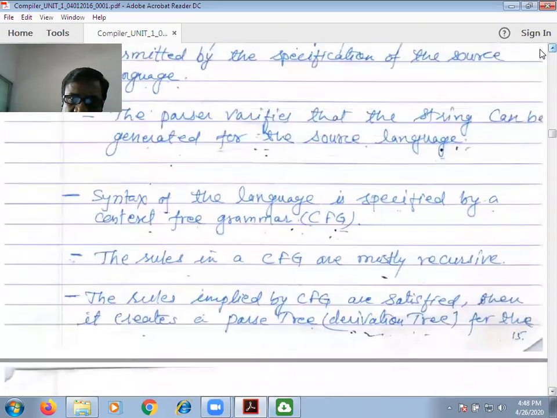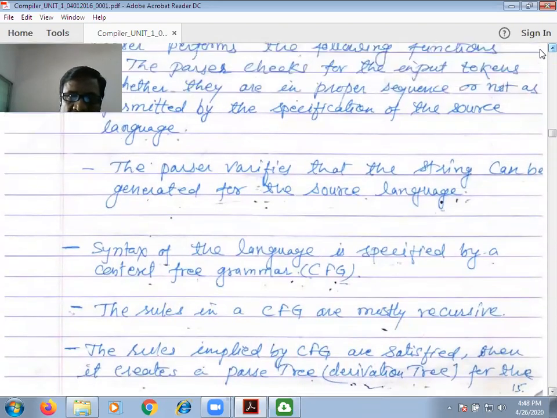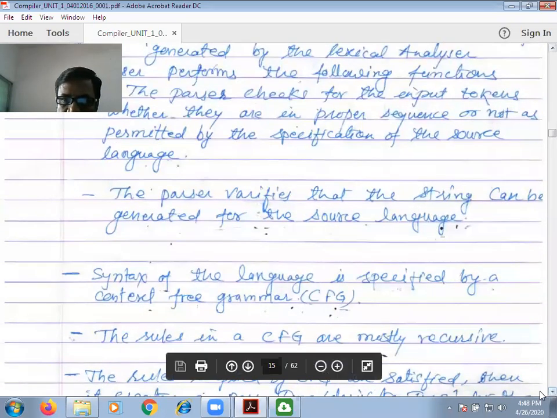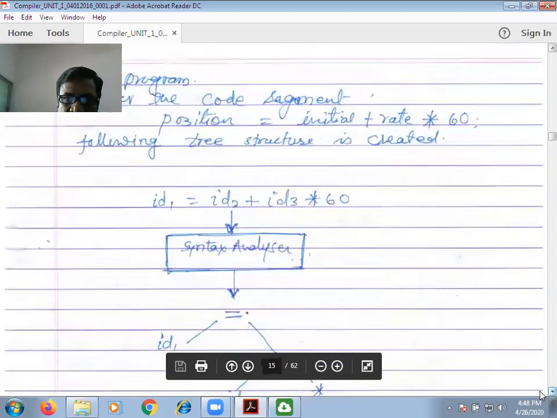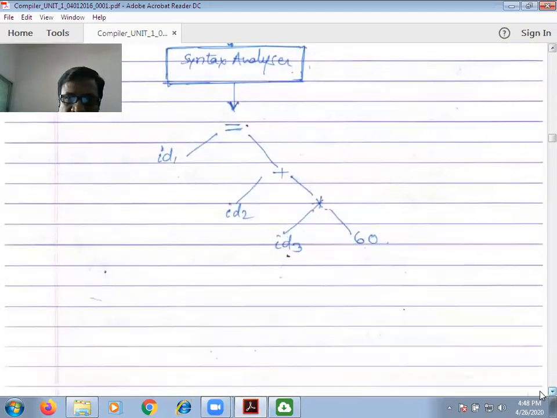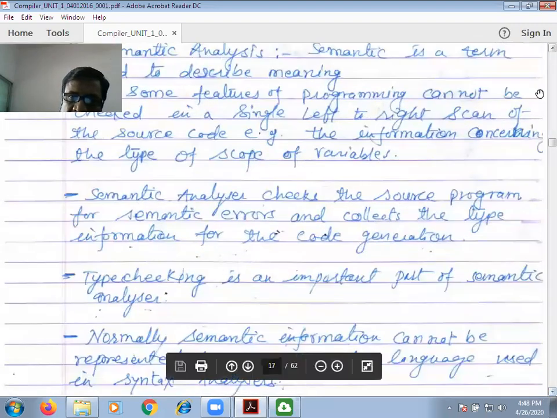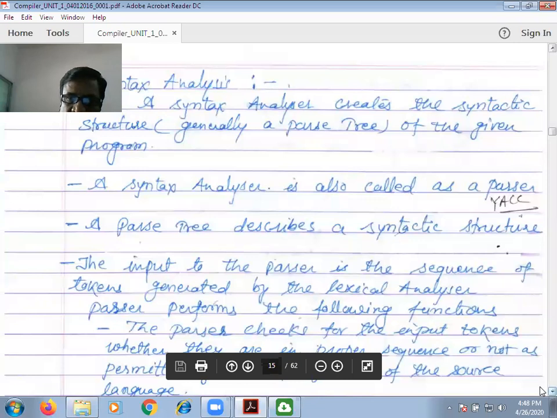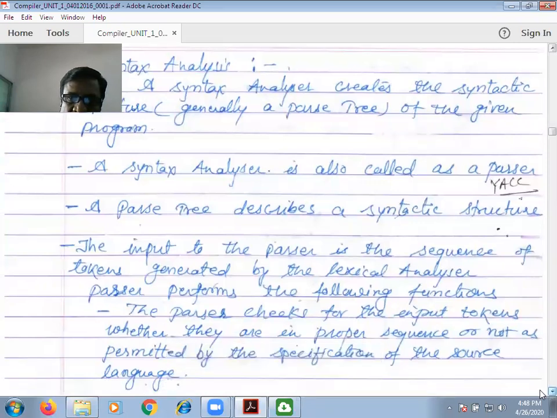Those productions are used to verify these tokens, or we can verify these tokens as a derivation using leftmost derivation or rightmost derivation, as you studied earlier about the verification or derivation of a token.